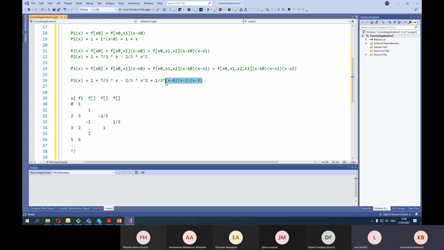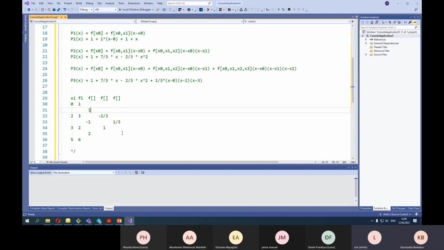If you expand these brackets and simplify, you will obtain the short notation for the polynomial of degree 3.